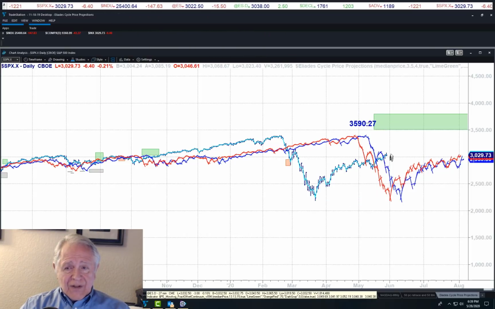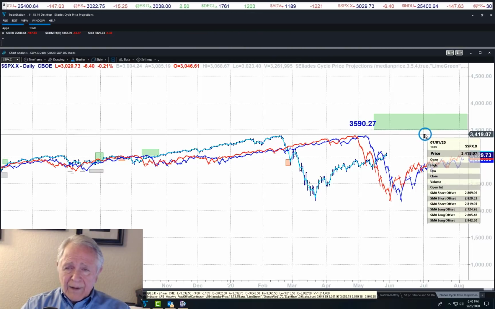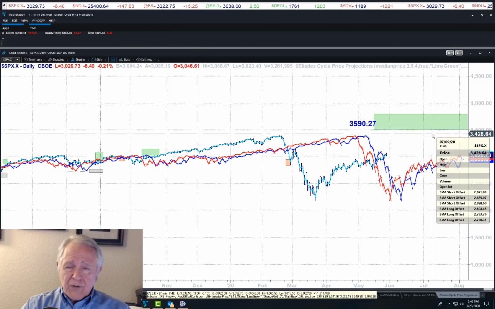Again, this is not saying you get up there in the next week or two. If you give it a general flow in terms of the rate of ascent, unless it accelerates, you're probably talking in a straight line going something like this into the July time period. Early July, maybe even mid-July.